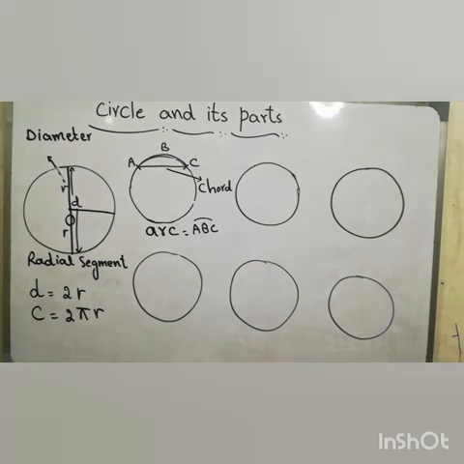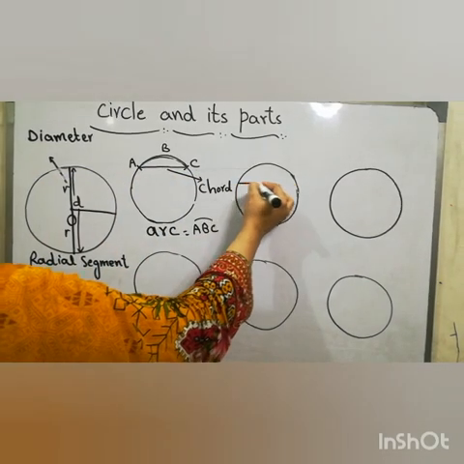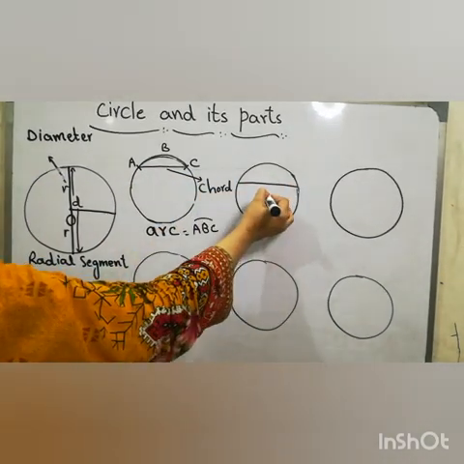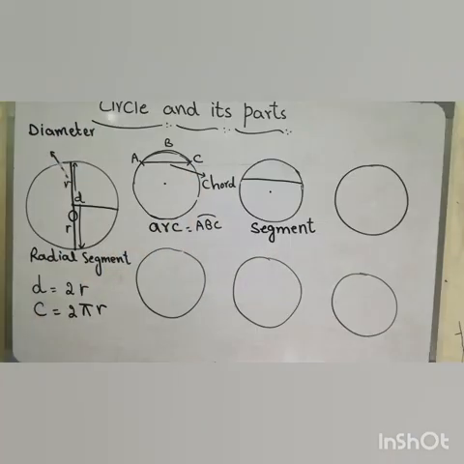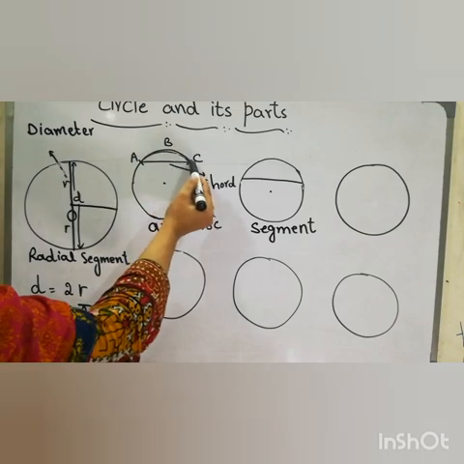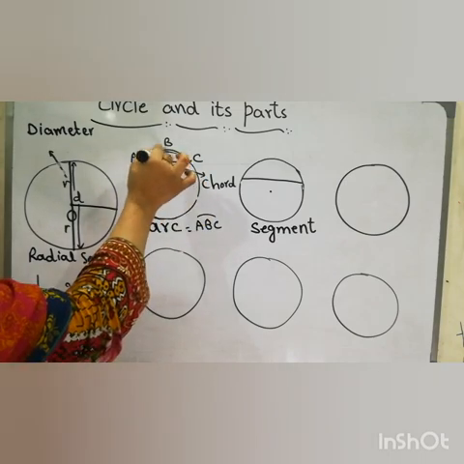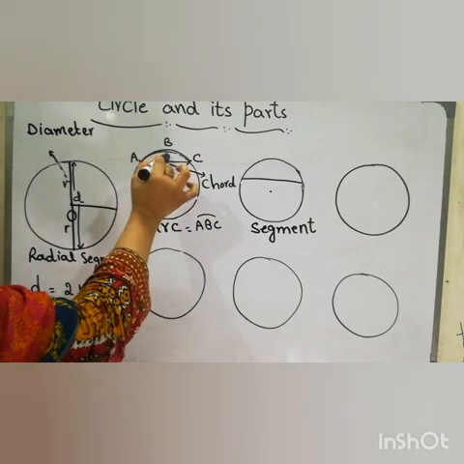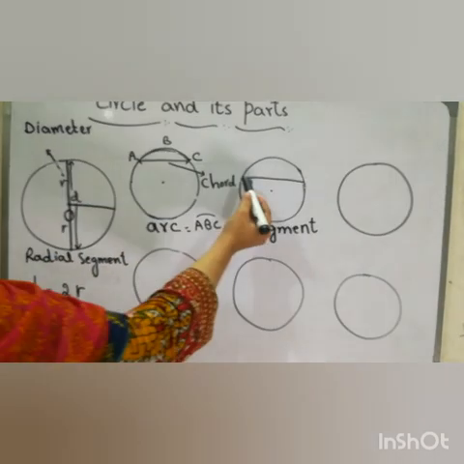Now come towards segment. What is the segment of a circle? If I take any arc of the circle, like this, and this is the center, for example. If we take an arc and a chord, the portion between the arc and this chord is known as a segment.